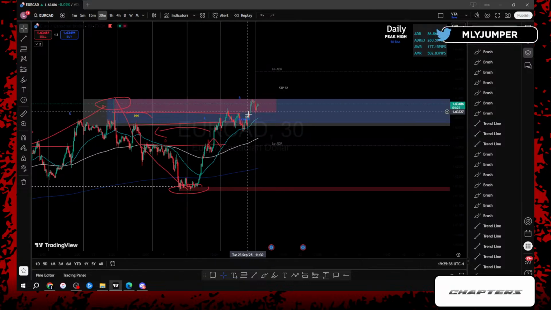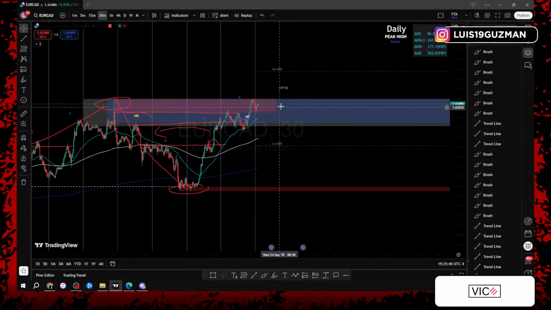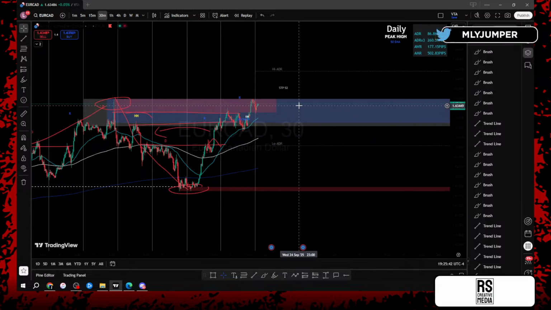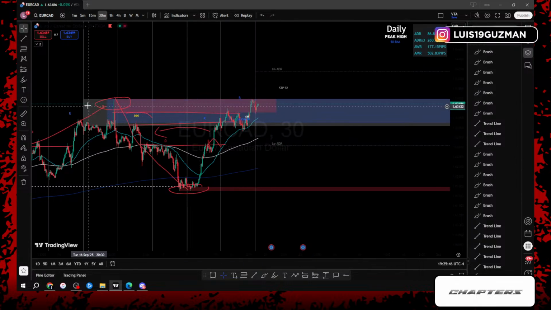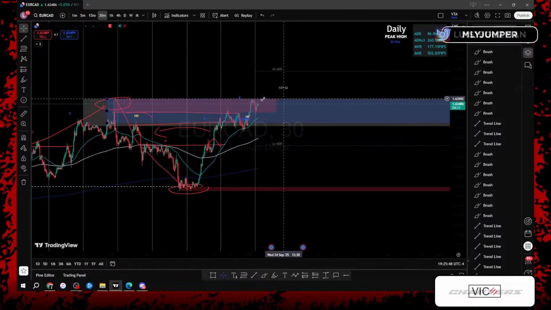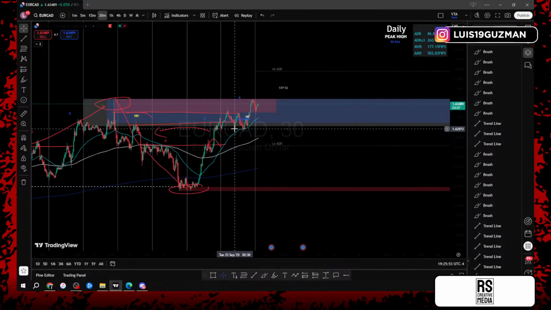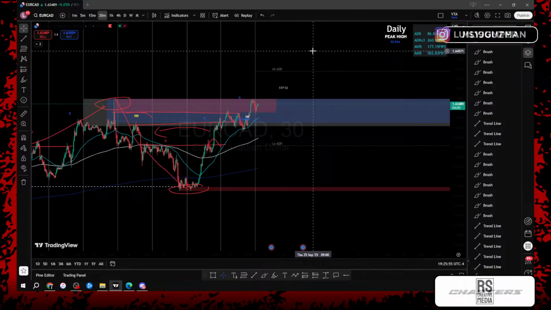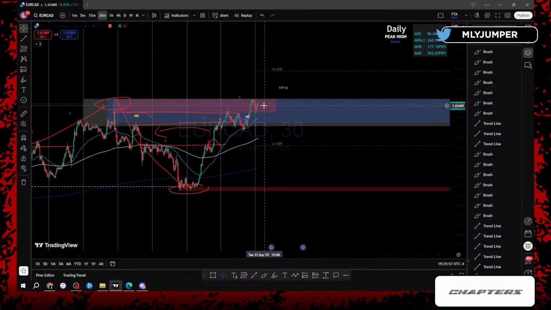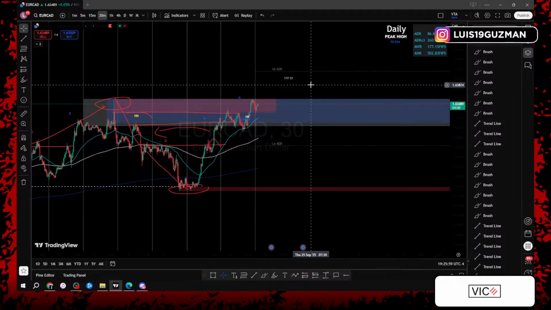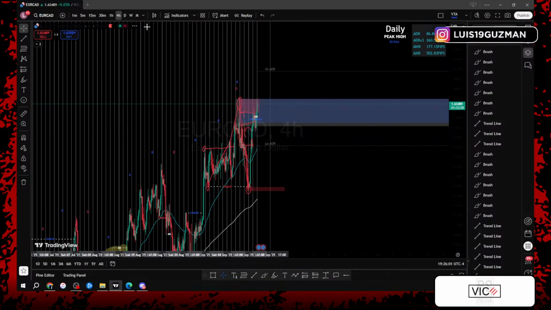Our confirmation is going to be once we get a valid break of the 4-hour, once we get a valid break of the daily time frame, and once we get a break of the 30-minute highs, which again, are all in the same place. Once we get a valid break of these highs, that's when I'll start looking to take those trades to continue back to the topside. But for right now, I'm taking a step back, waiting for those breaks to happen, and then I take the trade.